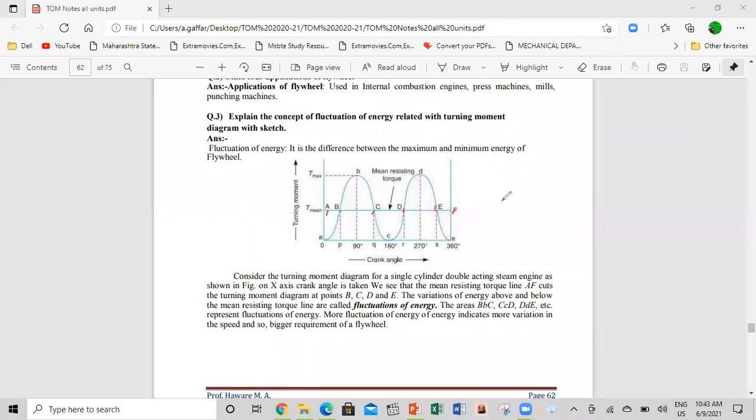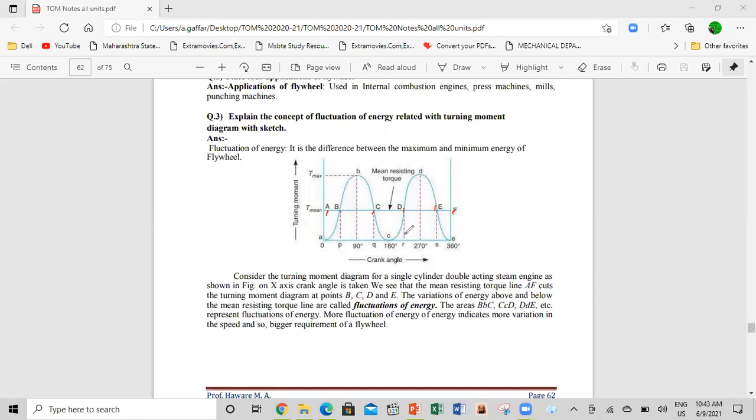So the difference between maximum and minimum energy of flywheel is called fluctuation of energy. And this fluctuation of energy is above and below the mean torque line. Okay. So above the mean torque line, this shows maximum energy, and below the mean torque line, this loop shows the minimum energy of flywheel.